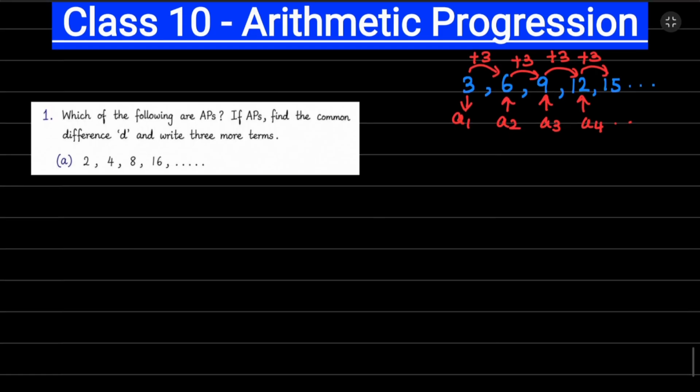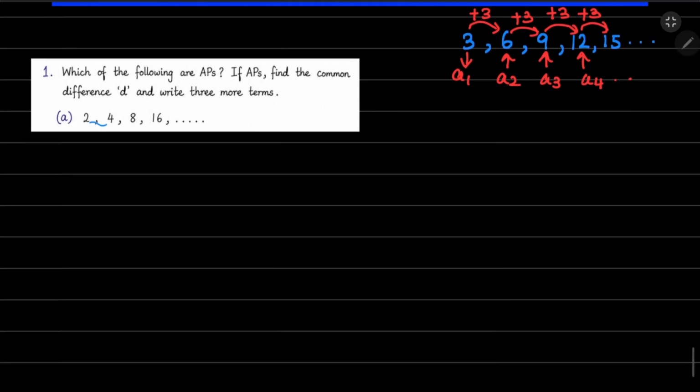So here in the given sequence, you have to check if it is an arithmetic progression. Let's check. Your A1 is 2, A2 is 4, A3 is 8, and A4 is 16. Let's calculate A2 minus A1, which is 4 minus 2, which is 2.